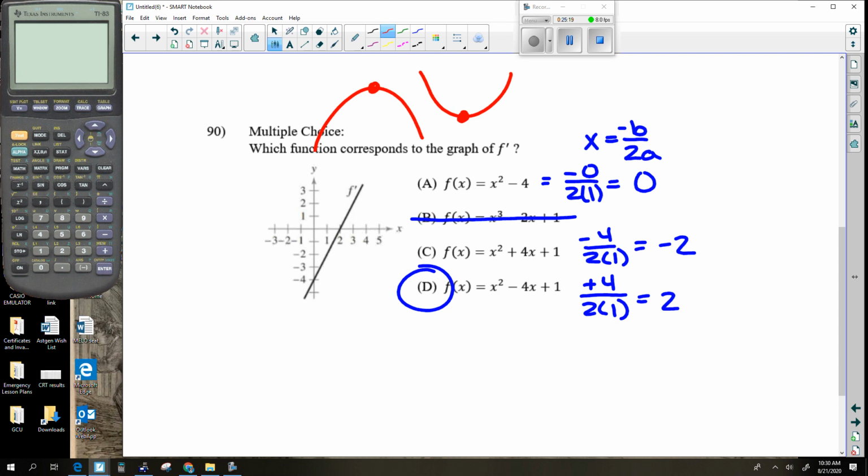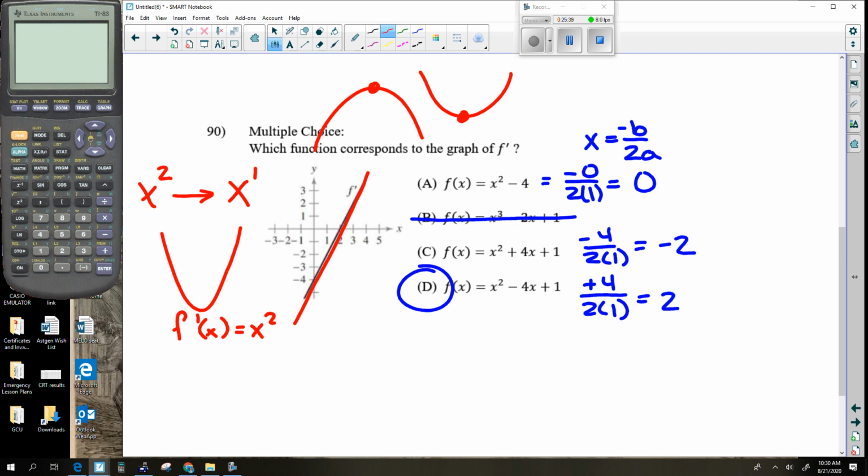So if this is a line, an x to the first, it probably came from an x squared of some sort.